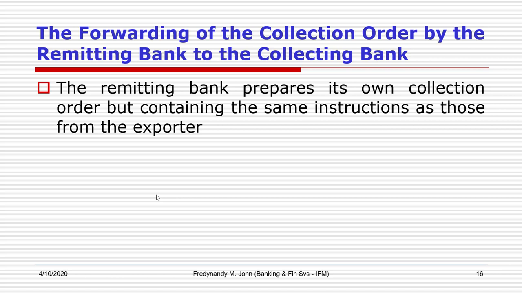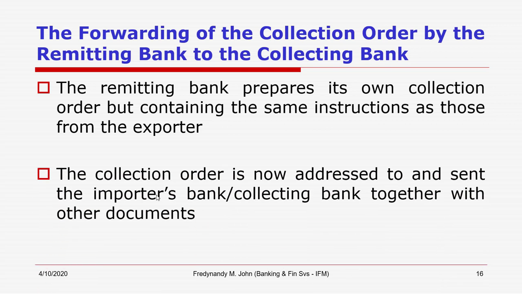Now, as I have mentioned earlier, once the remitting bank has received instruction and all other relevant documents from the seller, it will prepare its own instruction that will embed all instruction that has been handed to the bank by the seller following the collection order that was prepared by the seller himself, and will address or remit these documents to the importer through his bank, which is the collecting bank.